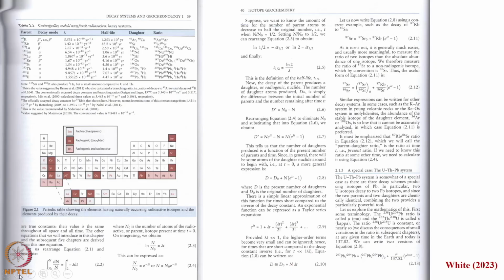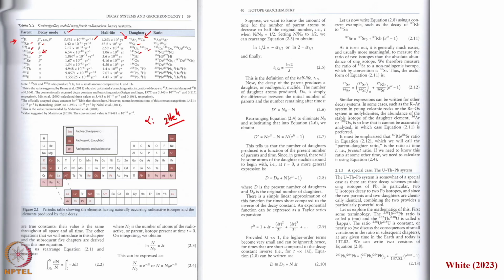Now, if we look at 40K producing the daughter atoms 40Ar and 40Ca, in that case the decay constant lambda is given by 5.531 × 10^-10 per year. 87Rb undergoes beta minus decay and is altered to 87Sr. 138La alters to 138Ce and 138Ba. 147Sm alters to 143Nd by alpha decay.